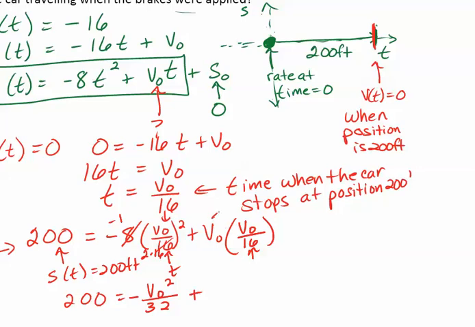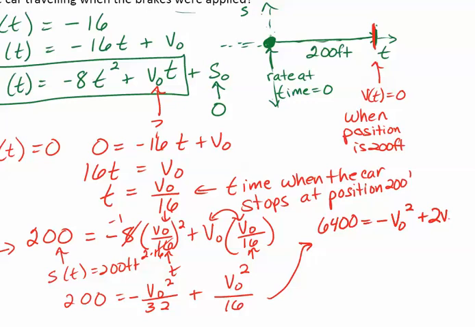And our next term has v sub 0 times v sub 0, so that's also v sub 0 squared over 16. Then let's multiply that equation by 32. So we'll have 6400 is equal to negative v sub 0 squared plus 2 v sub 0 squared.